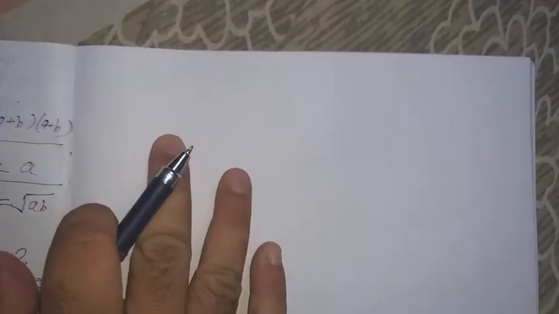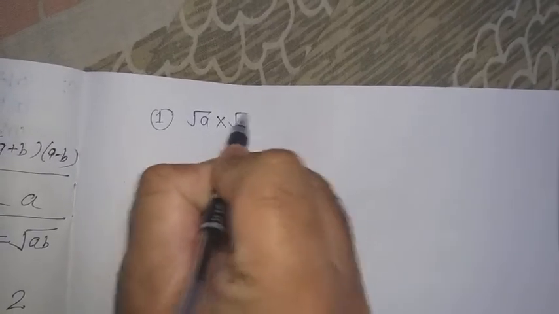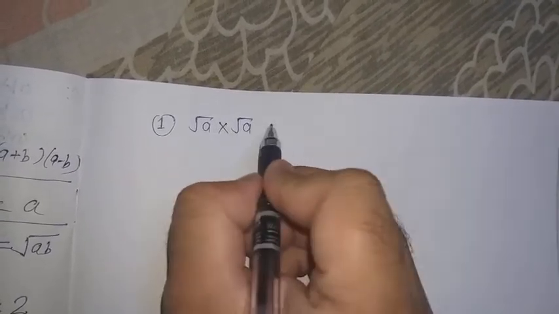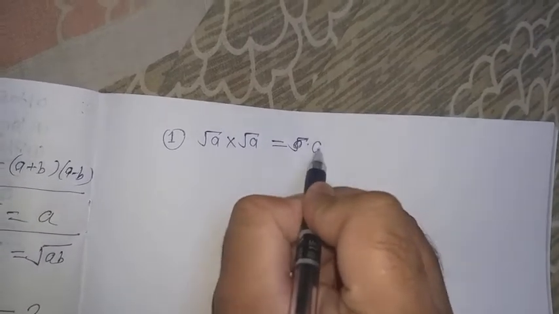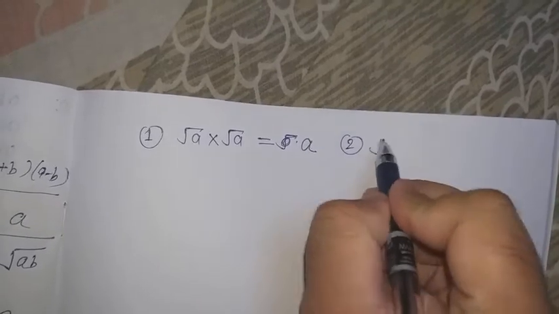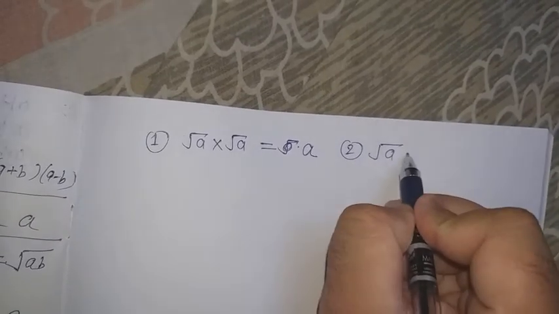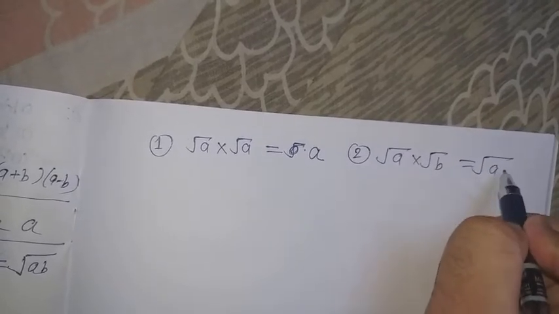Now write some identities related to root. Okay. So first, root with same number, if we multiply, then root will disappear. Second, if different numbers, root a into root b, then it will multiply.